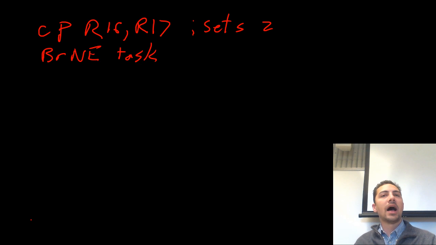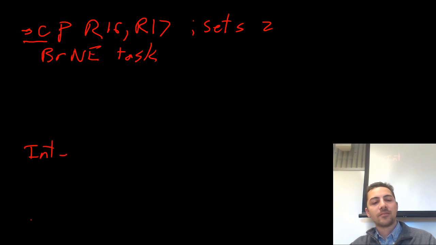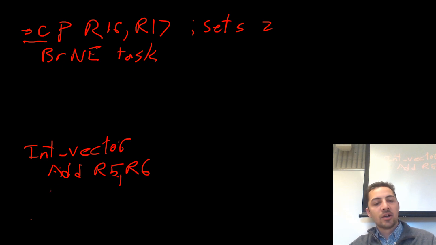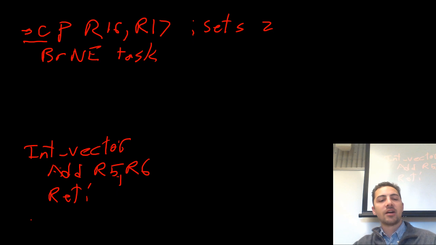Well, Murphy's Law says that anything bad that can happen will happen. So you'll execute this instruction, you'll set the Z flag, and then an interrupt will fire. You'll go down to your interrupt, and you'll do some adds, R5, R6, and then you will return from your interrupt.